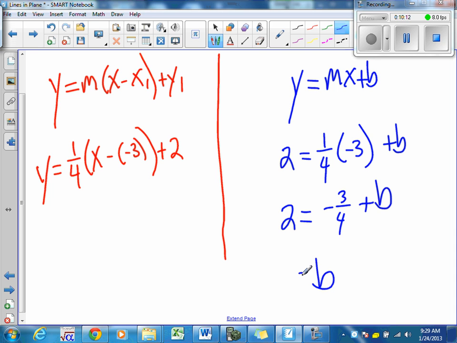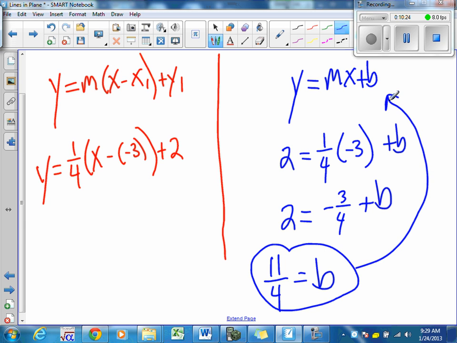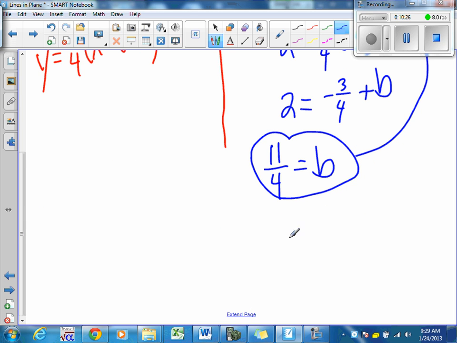You would add 3/4, which will be 2 3/4, which would be 11/4. And then you could take that b, go back and substitute it in, and finally get your answer, y equals 1/4 x plus 11/4.